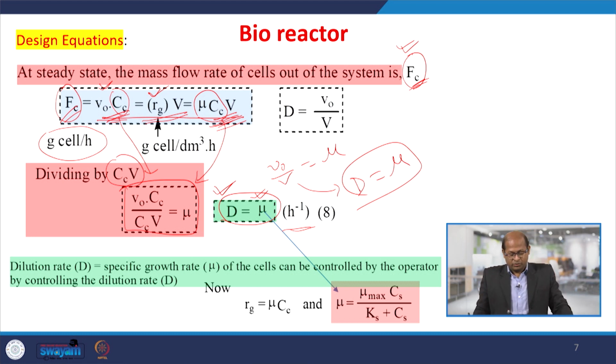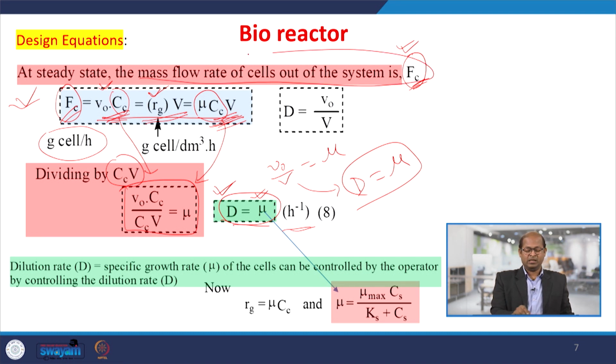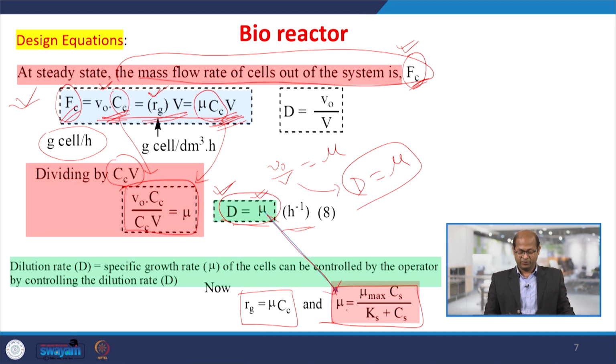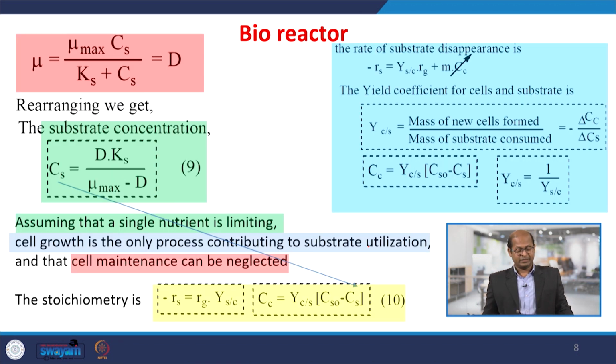Now here D equals mu, which we have developed by the steady state mass balance for the cell of the system. We know the cell growth rate, that is the Monod equation, so here we are substituting mu in terms of D and then rearranging.